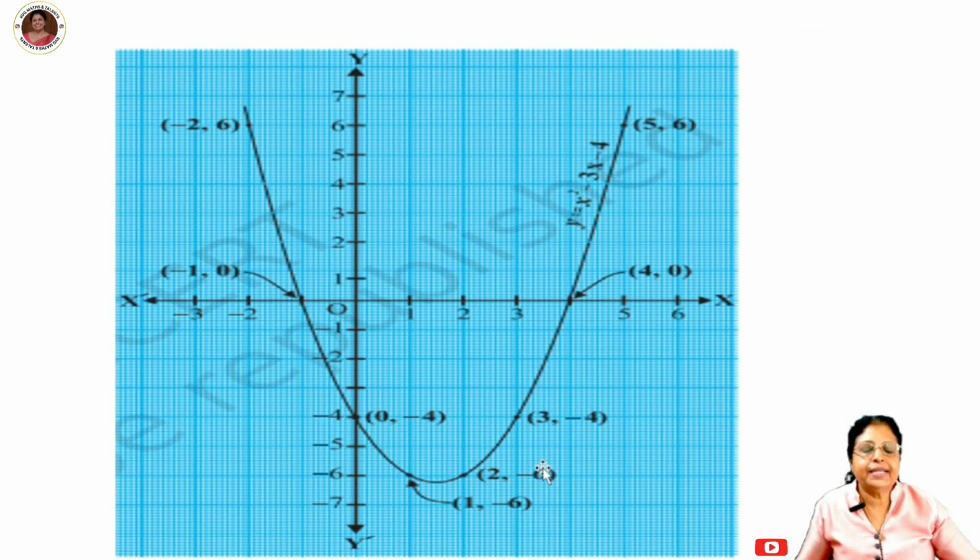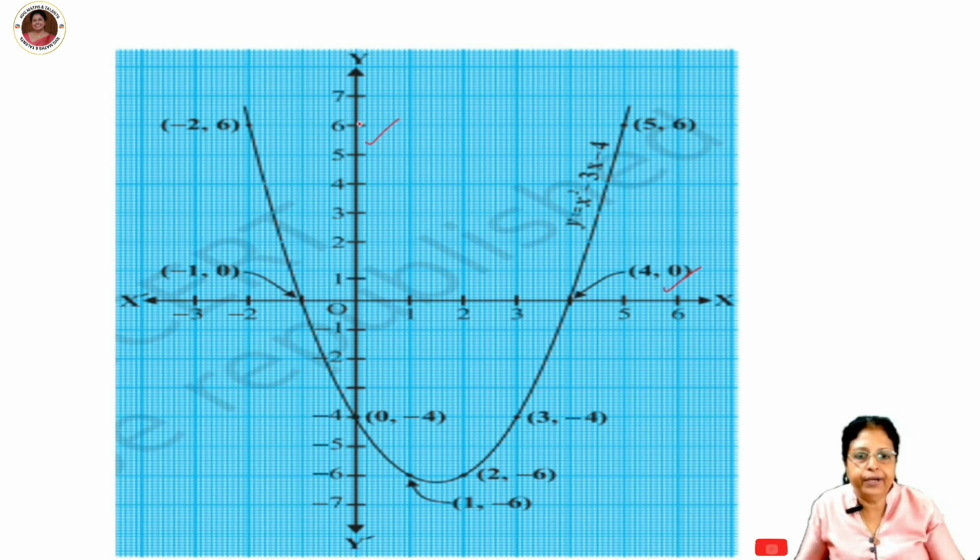Then using this table, we can draw a graph like this. First we are drawing x-axis, then y-axis, then marking the points, then we are plotting the points given in the table.